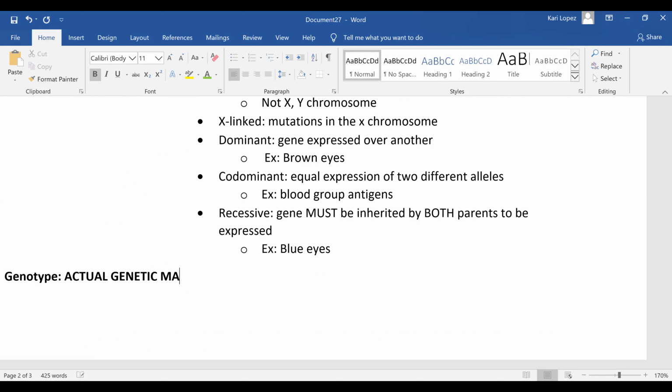So 2 genes are needed to induce a phenotype. It's located on the autosome. So that's your non-sex linked gene. And let me see if I can find a better way to explain the sex-linked versus non-sex-linked.